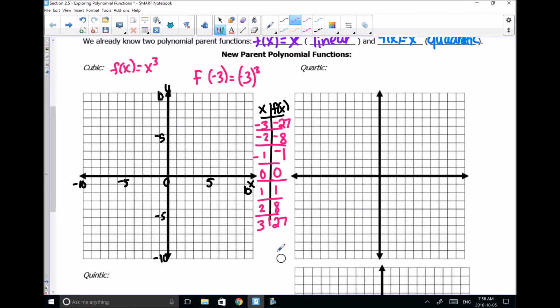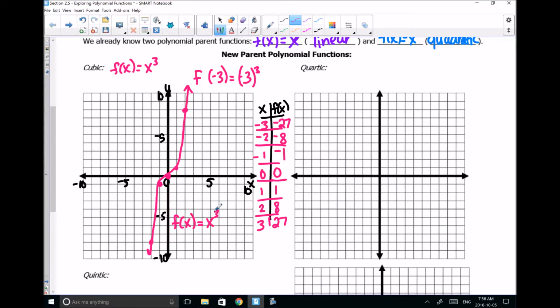Now, -3, -27 does not fit, so I'm not going to put it in my graph. -2, -8 would be right here. -1, -1 is right here. 0, 0 is right here. 1, 1 is right here. 2, 8 will go right here. And then we don't have enough room for 3, 27, but we've got an idea of what our cubic function looks like. So this right here is f of x equals x cubed.